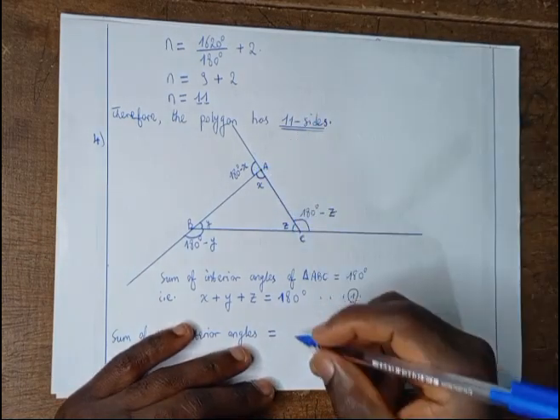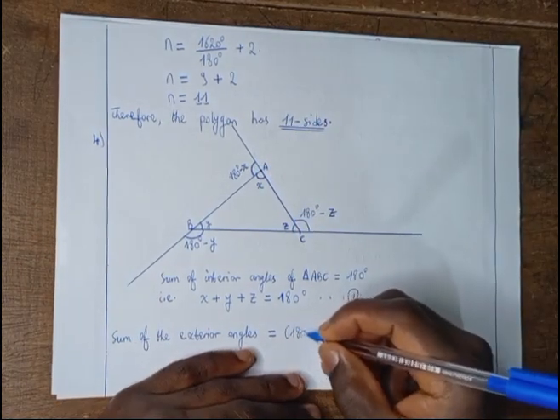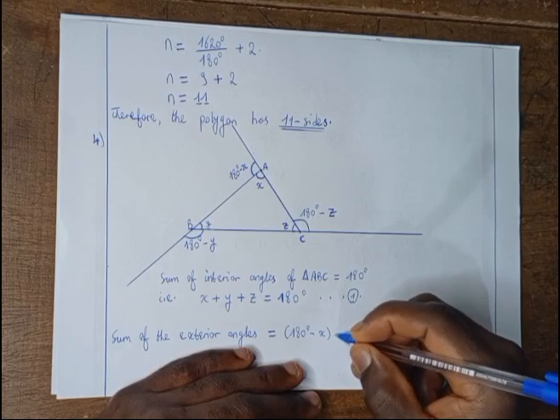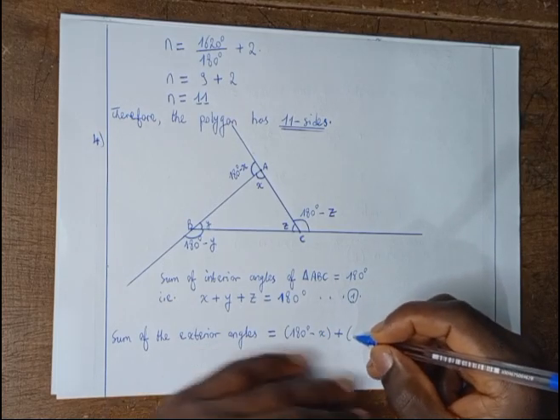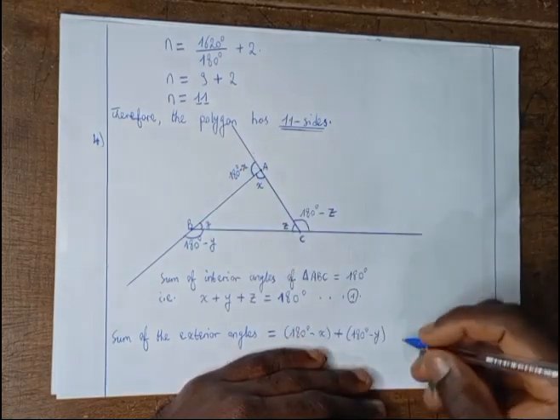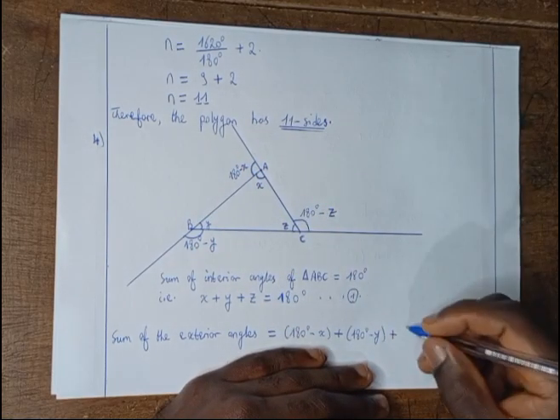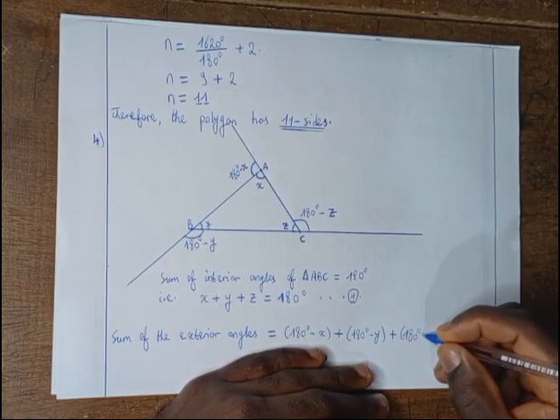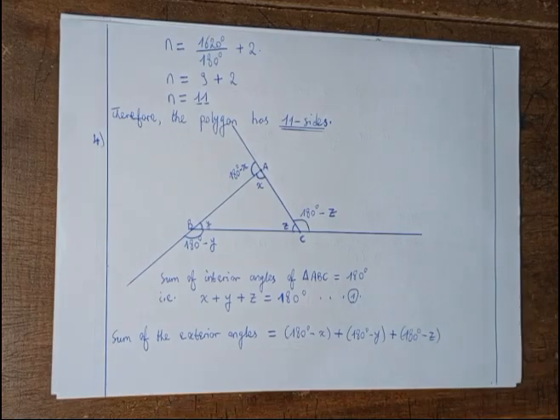The first one, 180 degrees minus x, plus 180 degrees minus y, plus 180 degrees minus z.